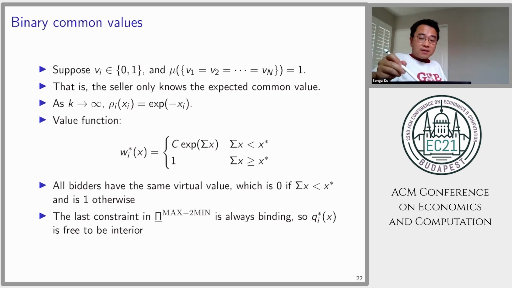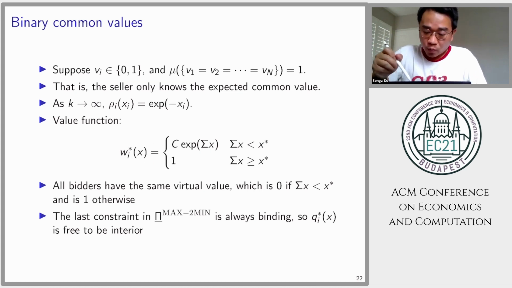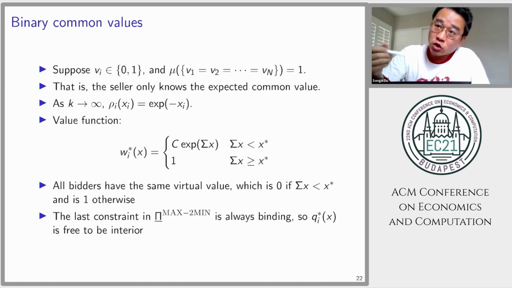Of course, we have a smooth pasting condition here, which actually defines this constant in terms of the cutoff. And then this cutoff is chosen so that we have the right expected value, which is what we start with. This is what the seller knows. So from the seller's expected value that he knows, it exactly pins down this X star. So suppose we work with this interim expected value.